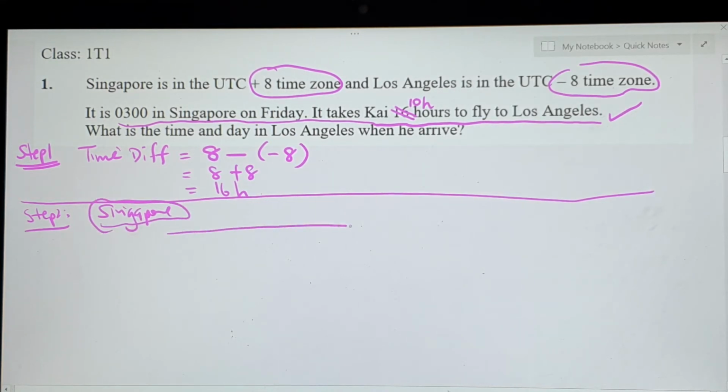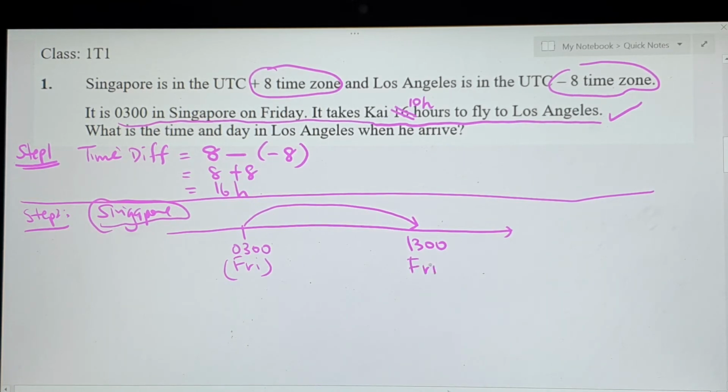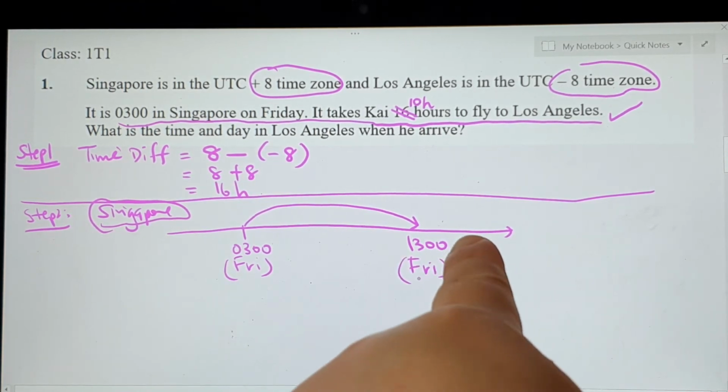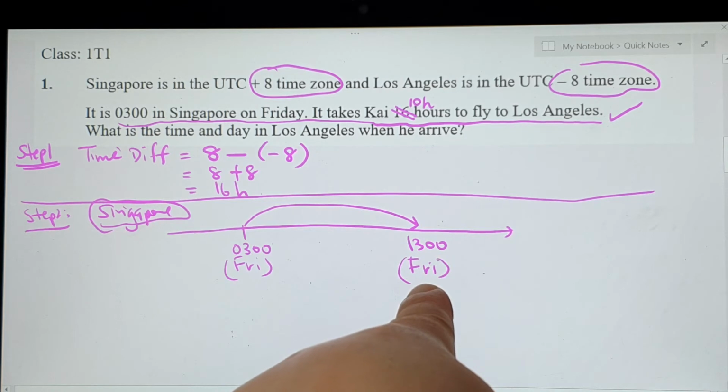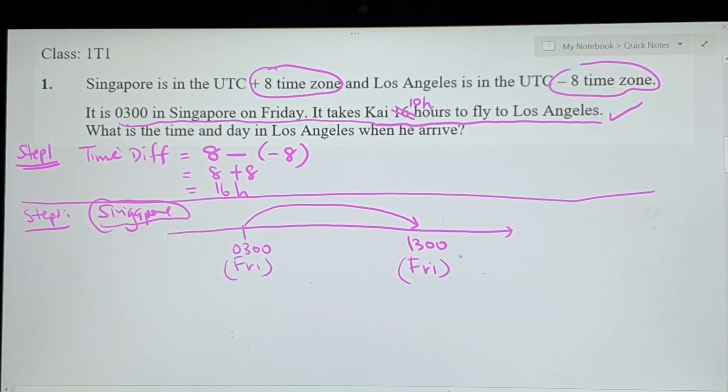Singapore time, we have 0300, meaning 3 a.m. in the morning on Friday. Okay, and it takes him 10 hours. 3 plus 10 is 13. So it's actually same day but 1 p.m. He will reach Los Angeles, but this is Singapore time.